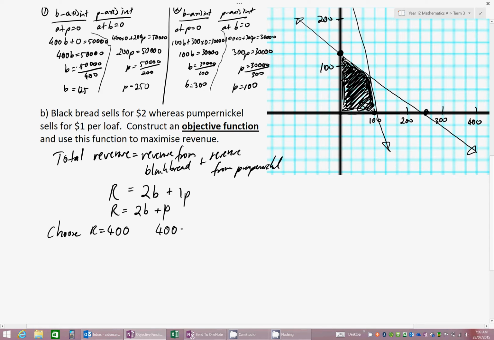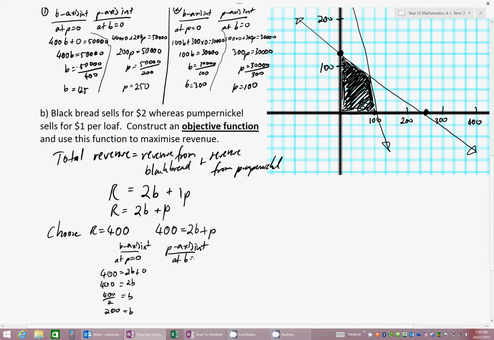Okay, so just graphing any revenue will explain in a bit more detail why this is useful once we get it up on the graph. Okay, so we're looking for a B-axis and P-axis intercept. So the B-axis intercept is when P equals 0, so 400 equals 2B plus 0, 2B is 400, 400 on 2 is 200.